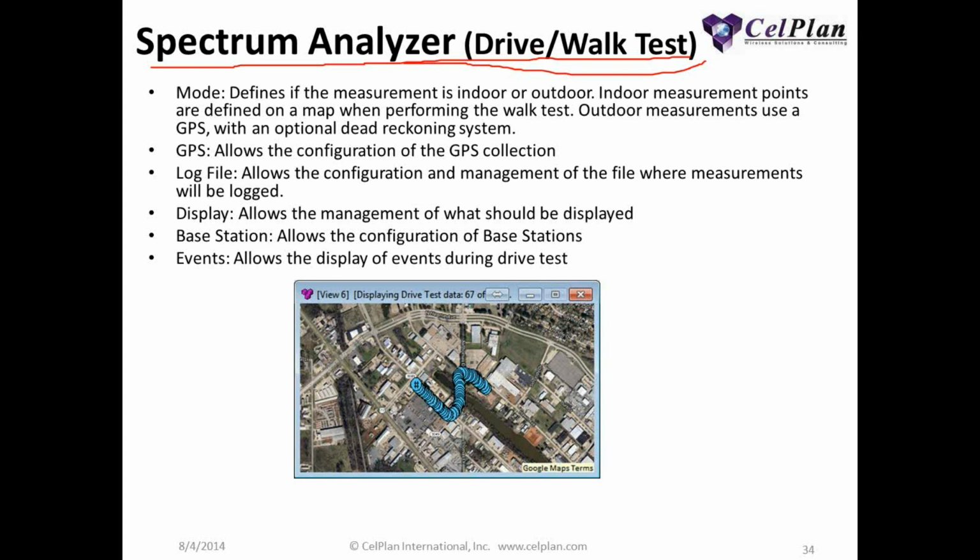We don't want to call attention, so basically we just walk with the backpack and we gather the measurements. So in this mode we can define indoor or outdoor measurements. Indoor measurements, we have to point where we are in a map and perform a walk test. In outdoor measurements, we can use GPS, and we can enhance the GPS with a dead reckoning system.